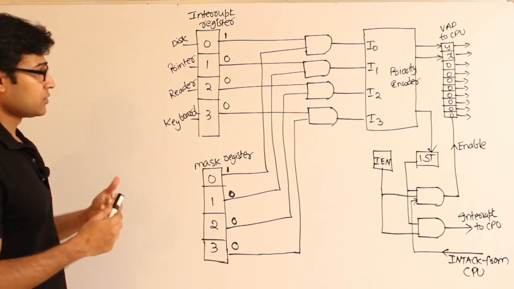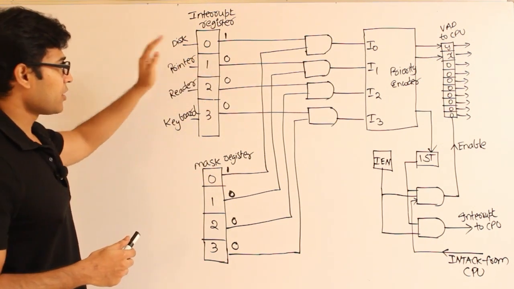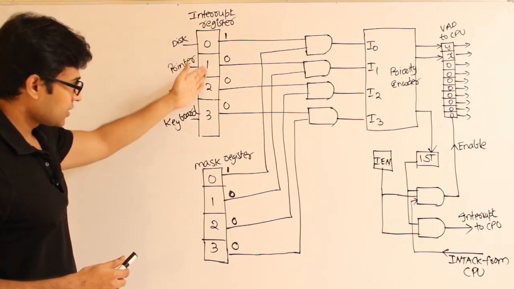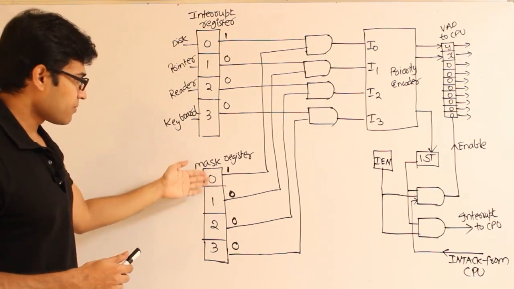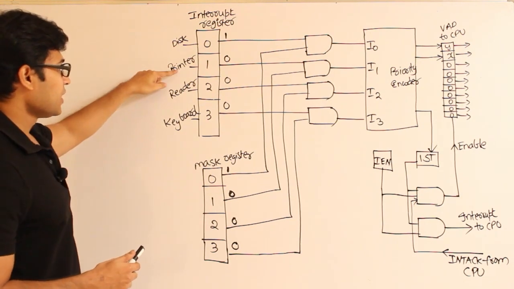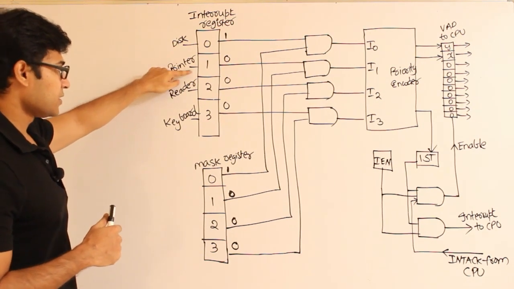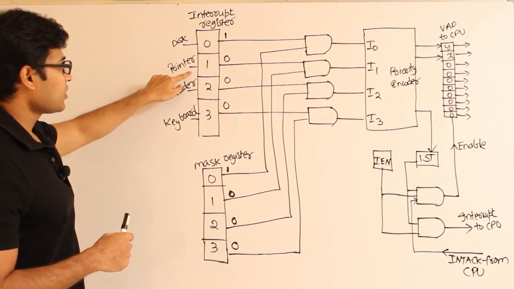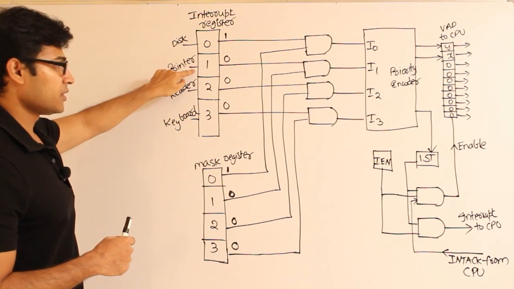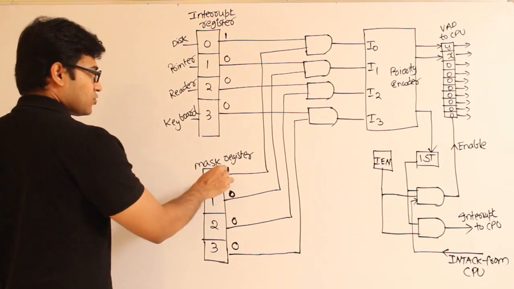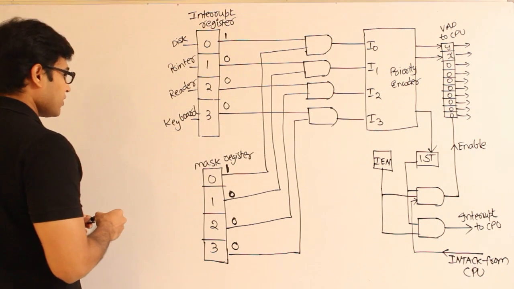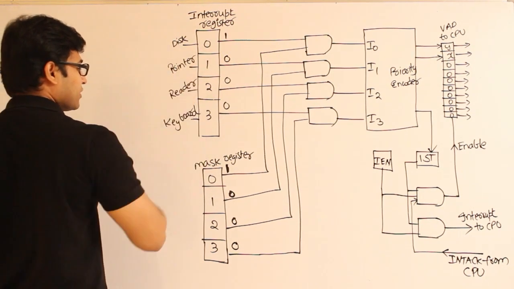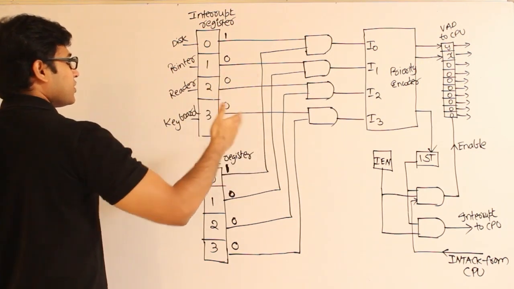Now you understood these two. This register is used to store the interrupts raised by these devices, and this one is used for masking appropriately. For example, if the interrupt is raised by the printer and the ISR corresponding to the printer is currently running, then this one has to be 1, because whenever we get an interrupt from the disk, even if you are servicing the printer, you should stop that service and go to the disk and service it.